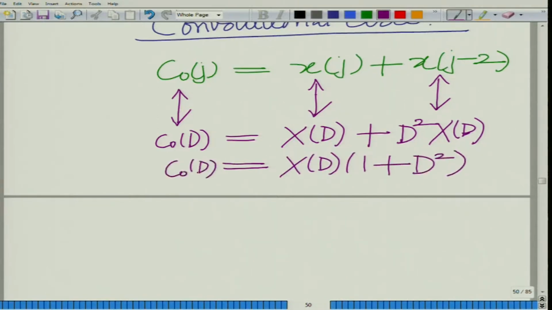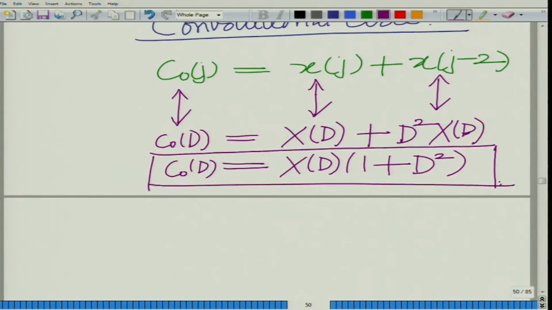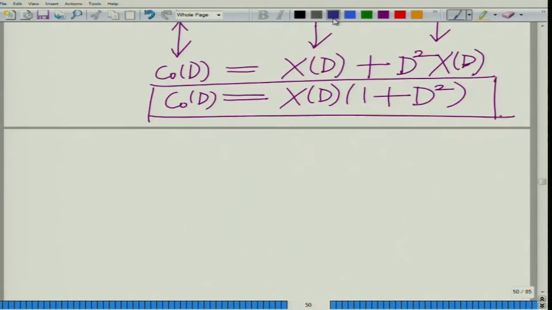Okay, so we have an elegant D domain relation to characterize the D transform of the coded bit sequence 0.